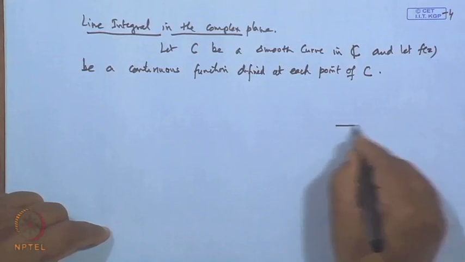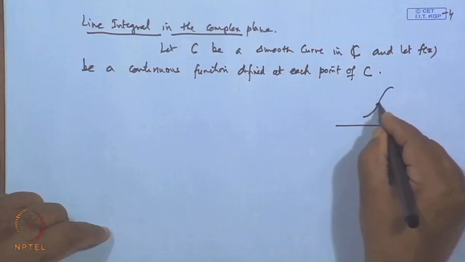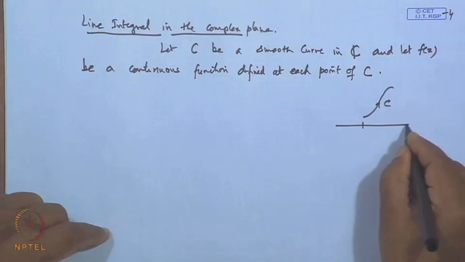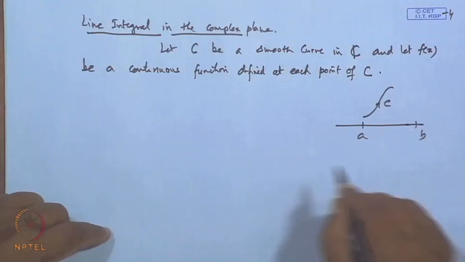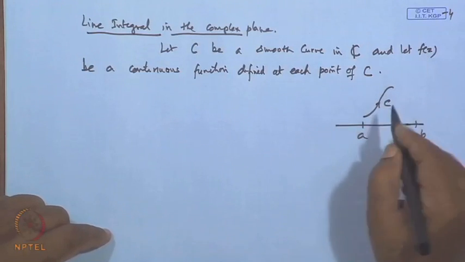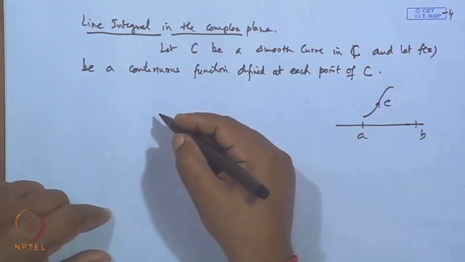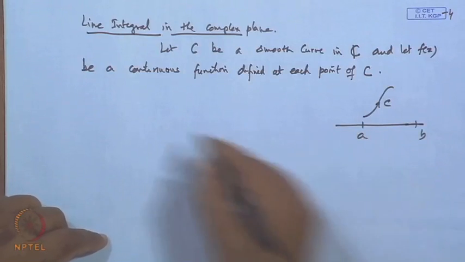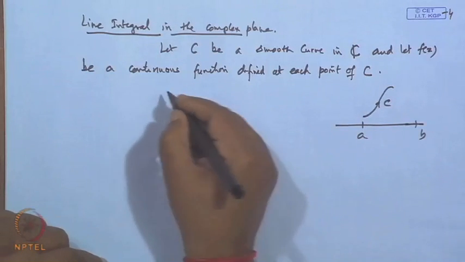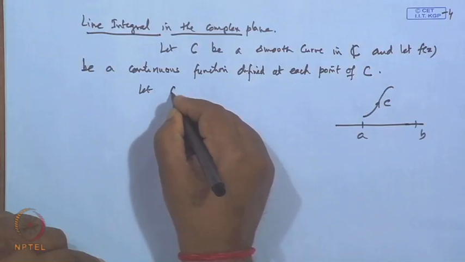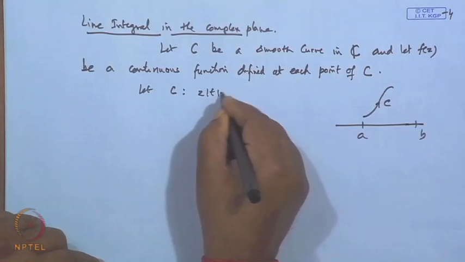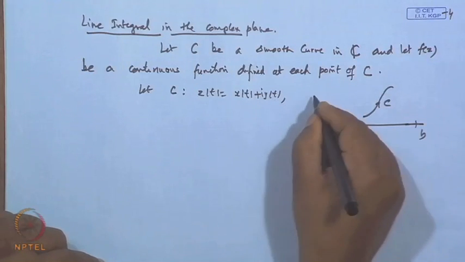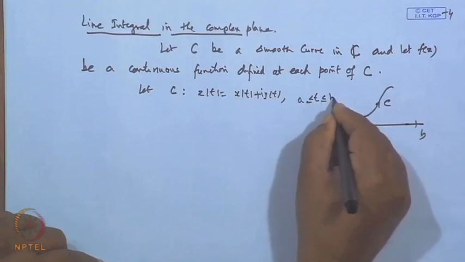So, this is our smooth curve C. Here is the interval [a, b]. Let the parametric equation of the curve C be z(t) = x(t) + i y(t), where t varies from a to b.